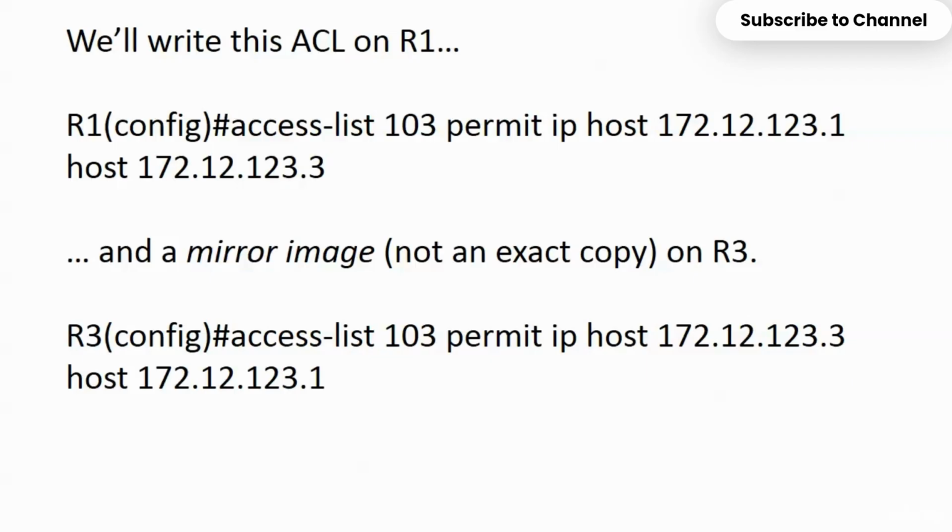What I'll do is write this ACL on router 1, the one we just discussed, and a mirror image, not an exact copy, on router 3, where it's going to be permit ip host 172.12.123.3 host 172.12.123.1. So both routers will then be able to build a VPN with that interesting traffic.